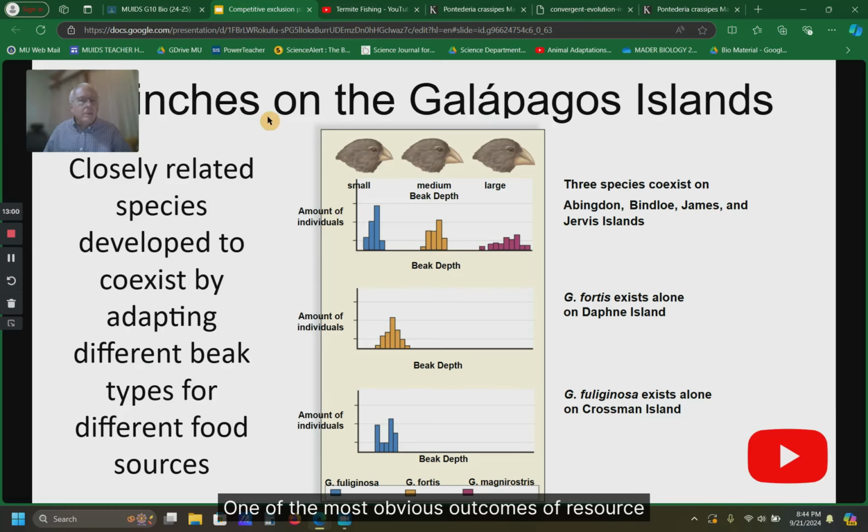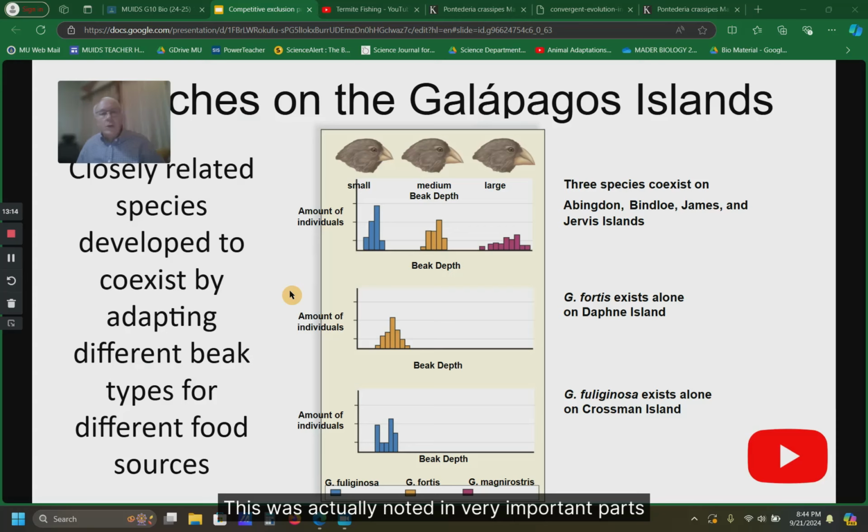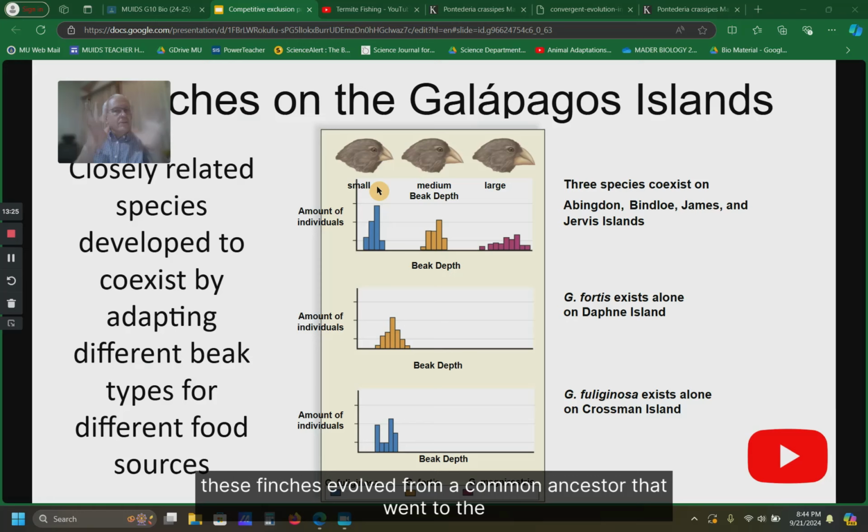One of the most obvious outcomes of resource partitioning and competitive exclusion is the evolution of different finches, F-I-N-C-H, on the Galapagos Islands. This was noted in very important parts of Charles Darwin's original writing on evolution by natural selection. It's well known that these finches evolved from a common ancestor that went to the Galapagos.